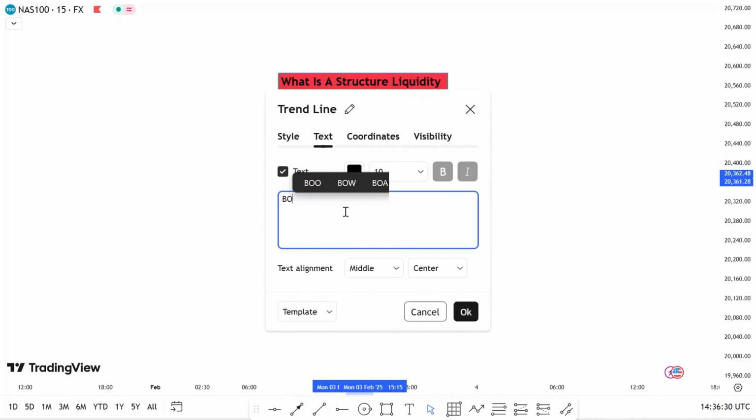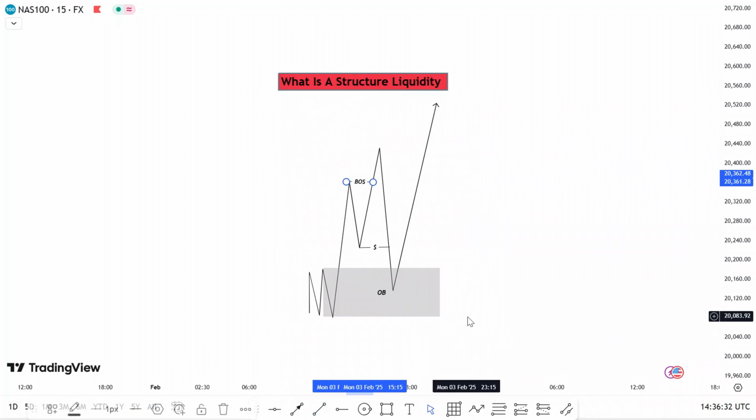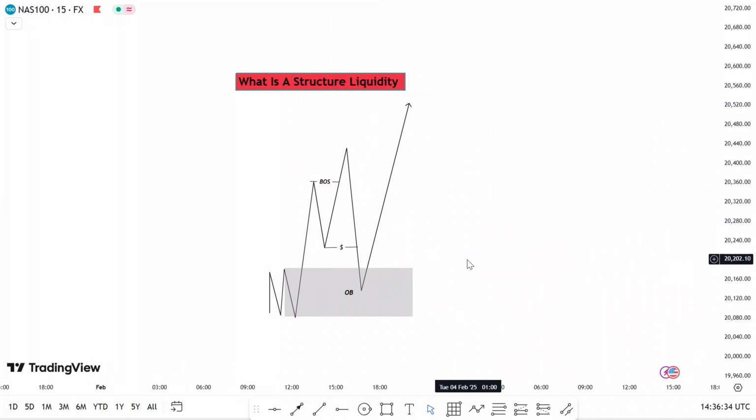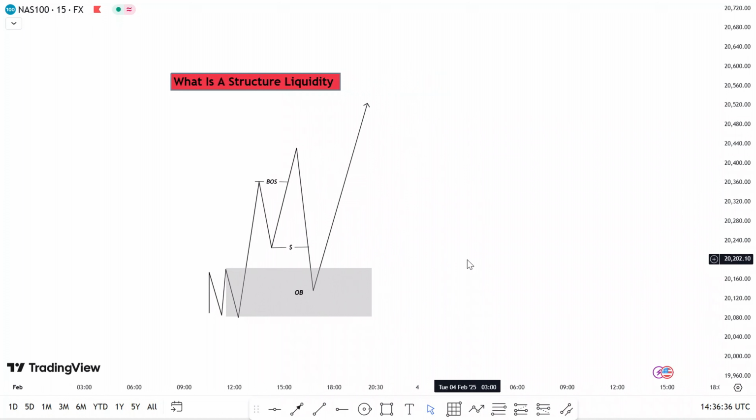Then you have your break of structure. So this is purely what a structural liquidity is.